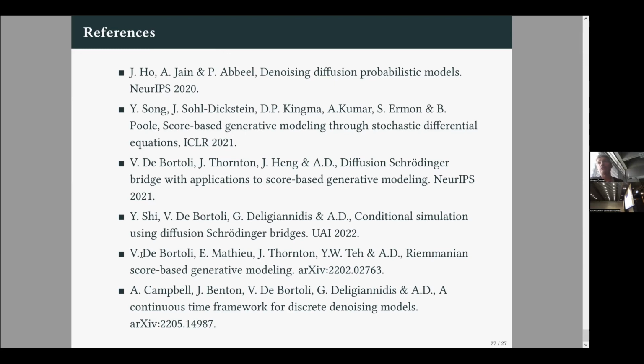Compared to GAN, there's still the fact that it's a bit more costly. There's been a lot of progress to speed up those diffusion models, but it's still a bit costly to run those algorithms compared to GAN. So that may be their main drawback.